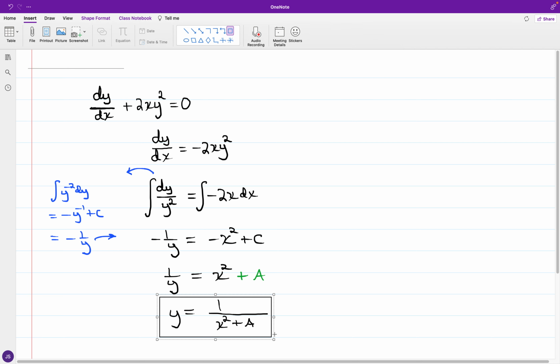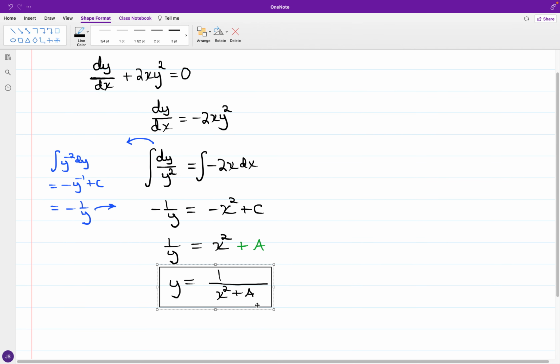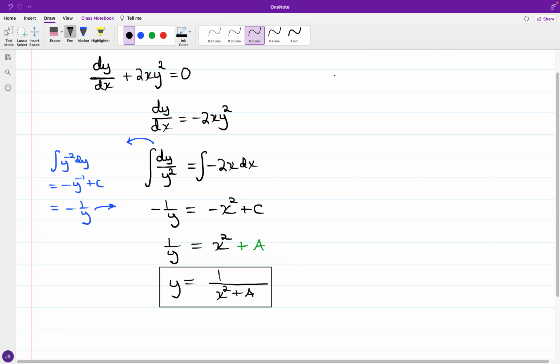Now for the next item, which we have as another separable differential equation, we have dy over dx is equal to y times the sine of x. If I separate the variables, I can divide by y and multiply by dx.